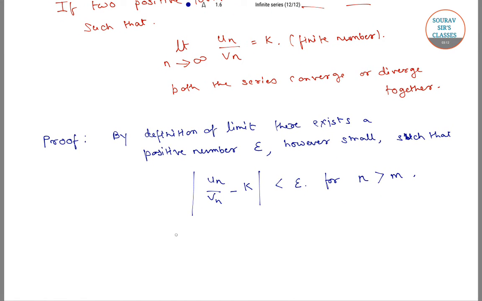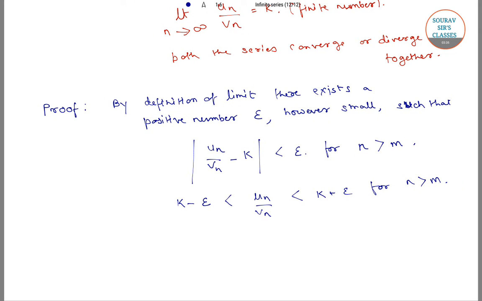This implies un divided by vn is greater than k minus epsilon and less than k plus epsilon for n greater than m.